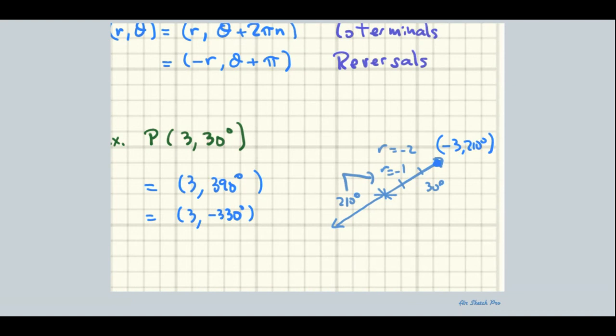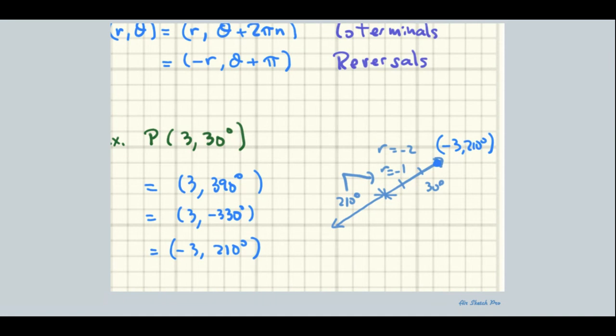So we can go forward to 330, or we can go backwards to -3, 210, and end up at the same spot. So as I said, and of course there's all the coterminals from there, -3 plus or minus 360 on the 210s.